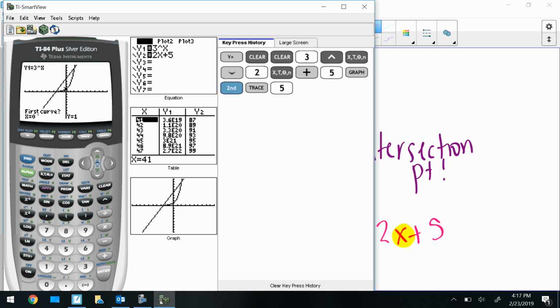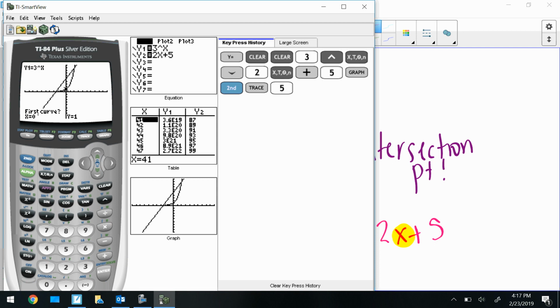Now, the questions that pop up, you're going to think are silly. The reason you think they're silly is because you only have two equations entered in your calculator, so it's obvious those are the two equations you want to find the intersection of. But look at all these y equals that you have.